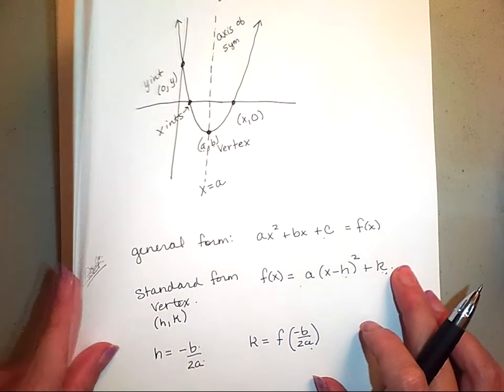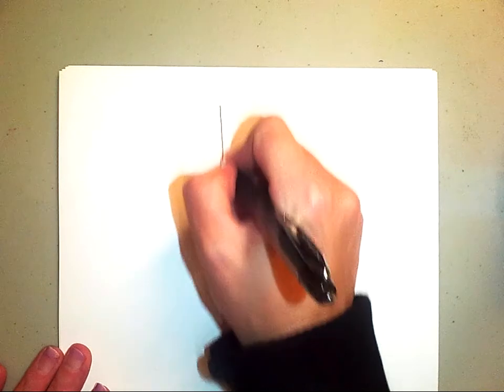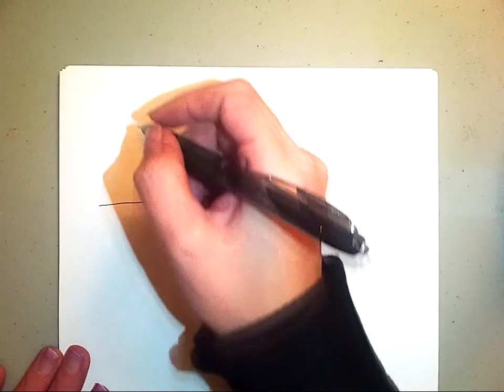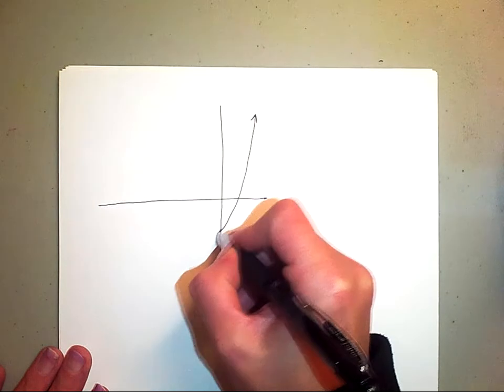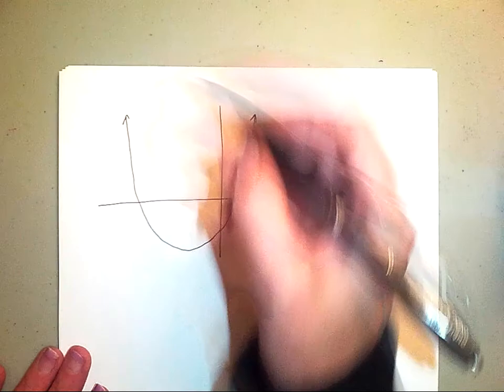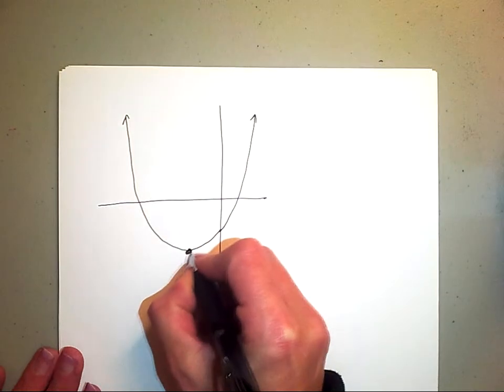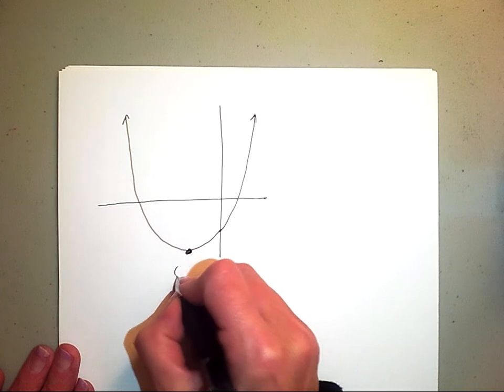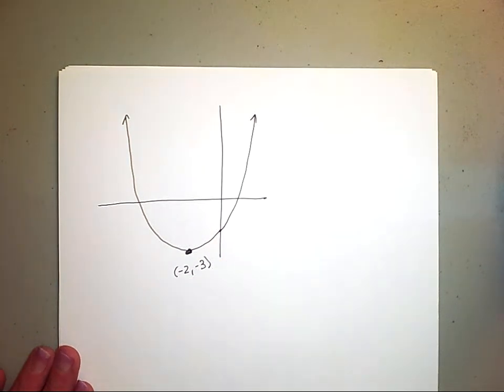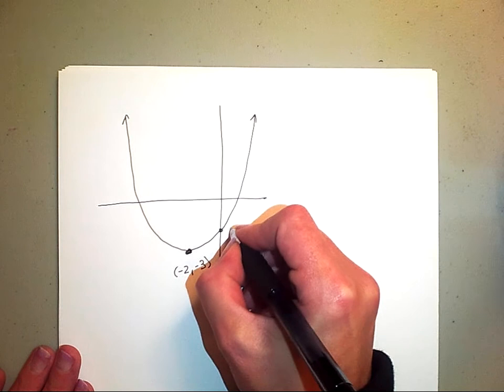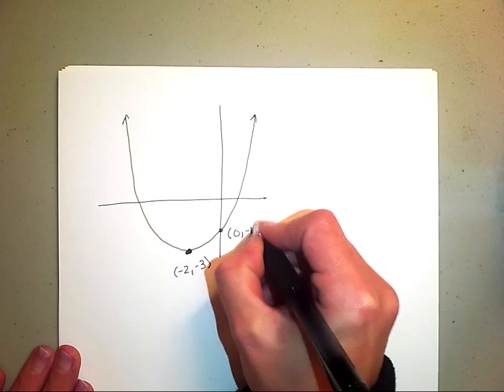Now let's see how we might use this given a graph. Okay, so if we have a graph, let's say it's something like this. Okay. And we're told the vertex is at -2, -3. And this would be the point, this is our y-intercept, 0, -1.